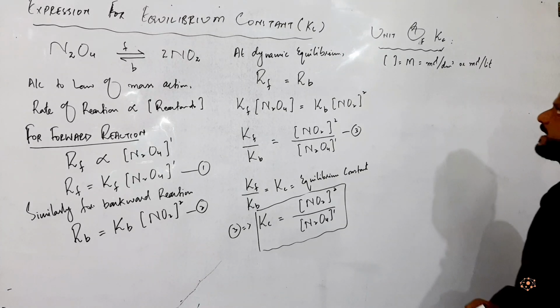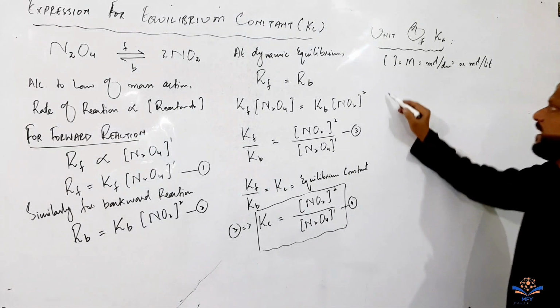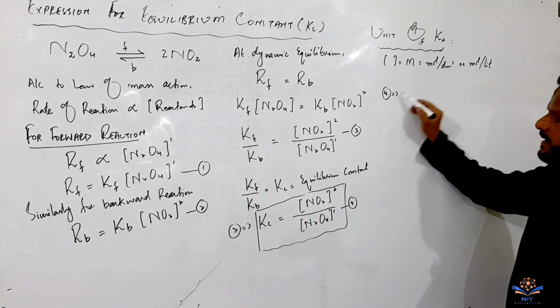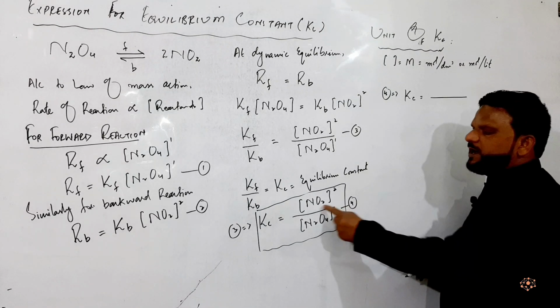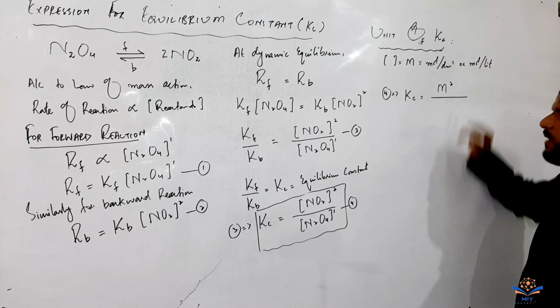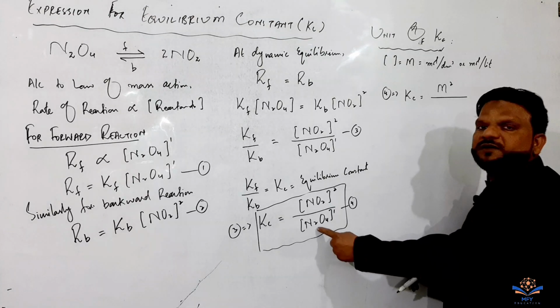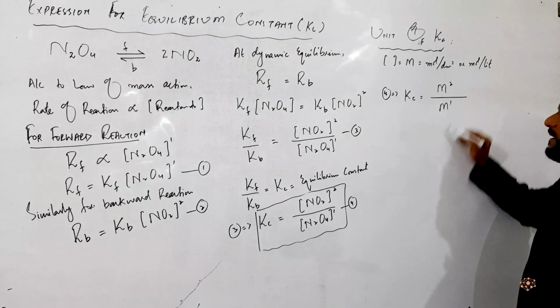Now put the unit of active mass in equation number 4. Equation number 4 implies Kc will be equal to active mass of NO2 power 2. It means that it will become M square, and active mass of dinitrogen tetraoxide with M and power is 1.